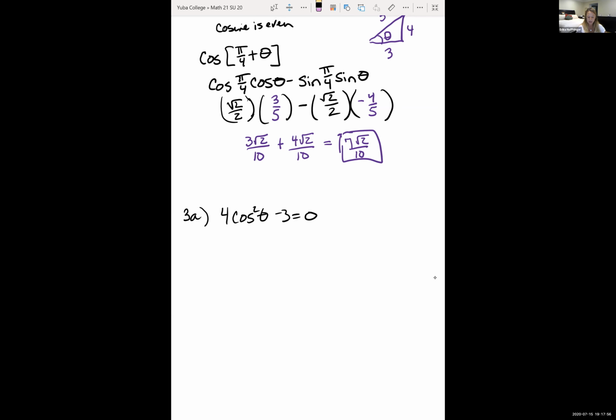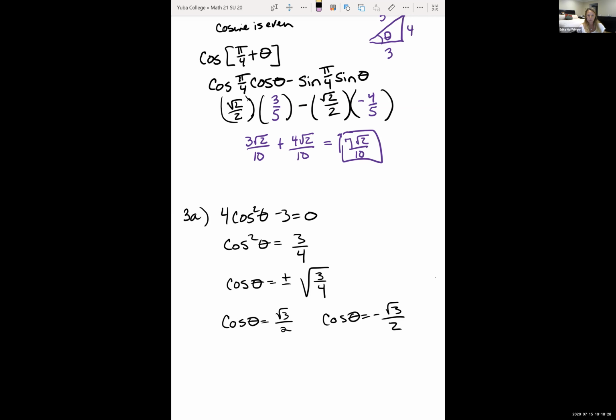You would add 3 to both sides and divide by 4. You get cosine squared theta is equal to 3/4. Taking the square root of both sides, we get cosine theta is equal to plus or minus the square root of 3/4. So we're looking at when cosine theta is positive √3/2, and when cosine theta is equal to negative √3/2.